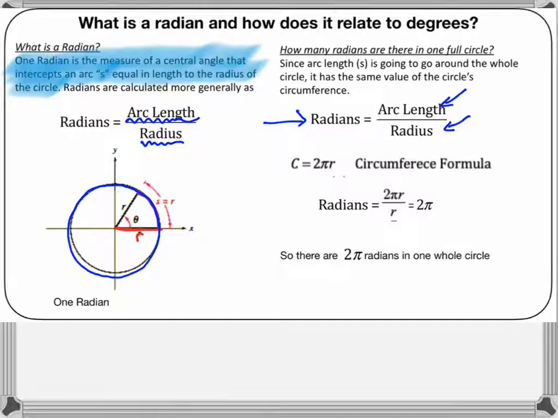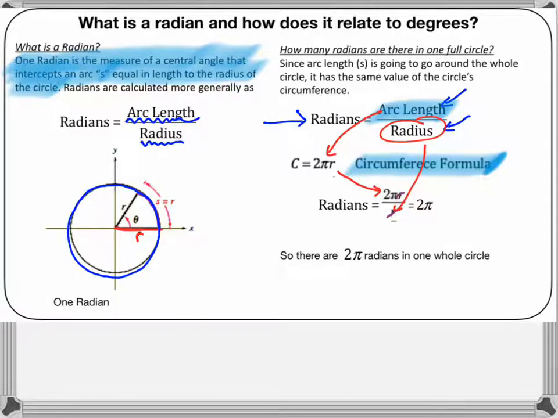So we know that the arc length, we're looking for one full turnaround of the circle. How many radians are there in one circle? The arc length is the same as the circumference. So we take the circumference formula and put it in right there, and then we turn the radius into r, and then the r's cancel out.